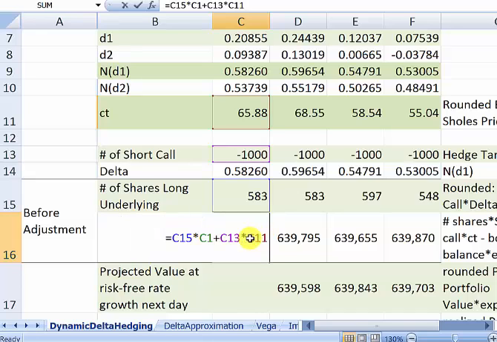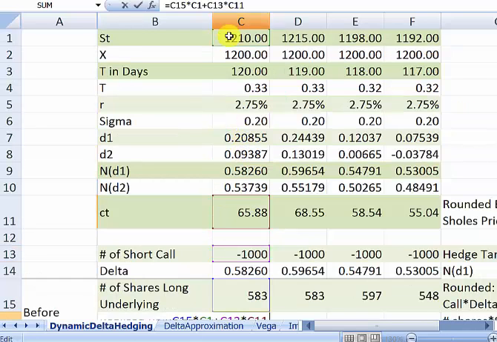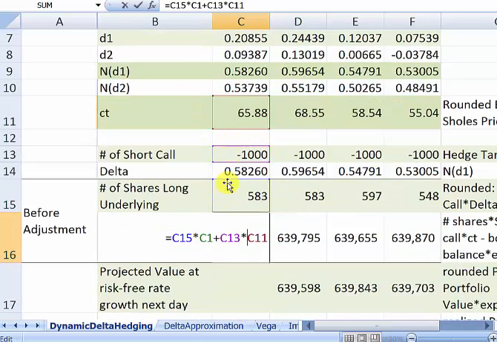This is the portfolio value. It's this number of shares, the blue number, times the C1, which is the underlying price. Plus, well, the purple number here is actually negative, so that's the liability part, times the call premium, the brown number, 65.88.